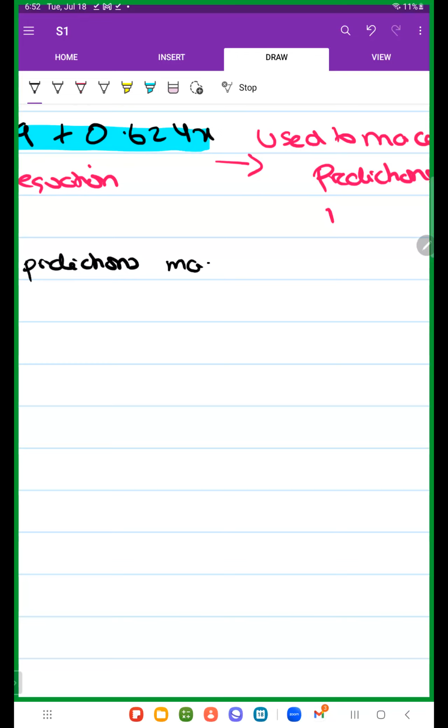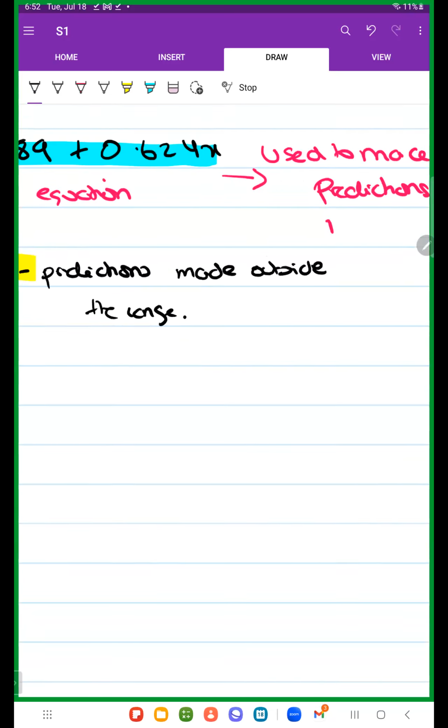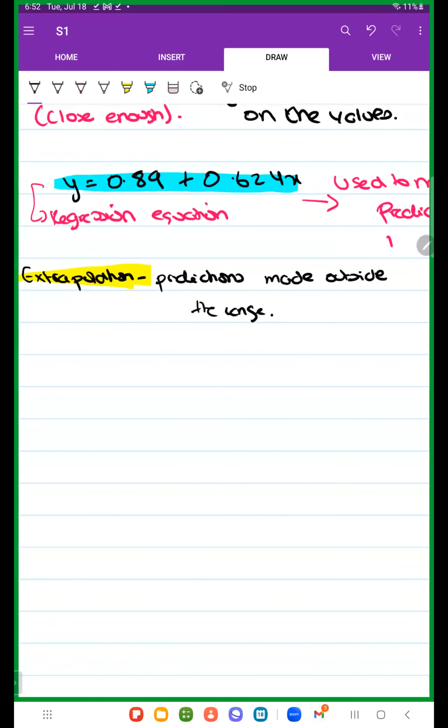Predictions made outside the range. If I'm making very far off predictions, it's called extrapolation and it is less reliable. Like if I make a prediction of like 50 weeks or something like that, then it would be less reliable because it's not on my scatter diagram.